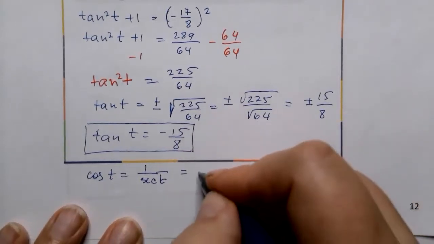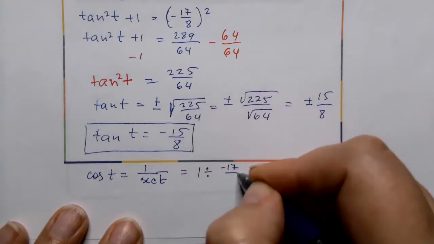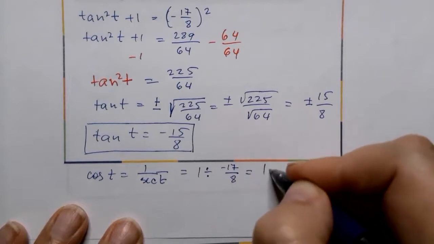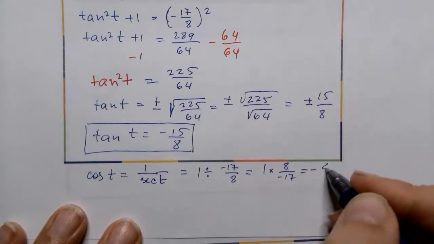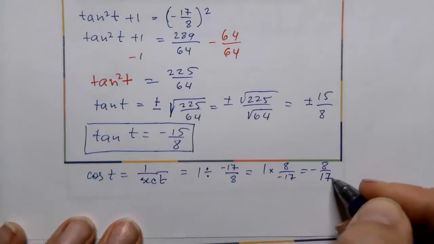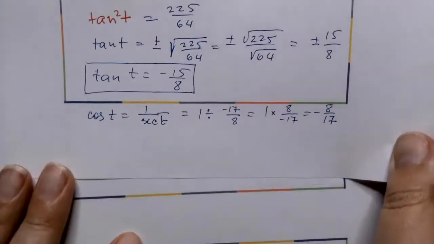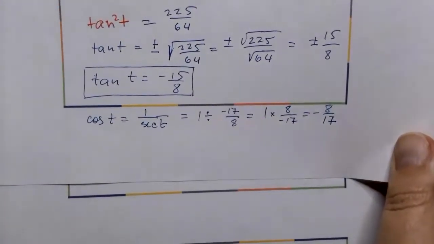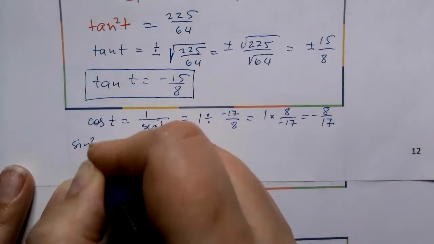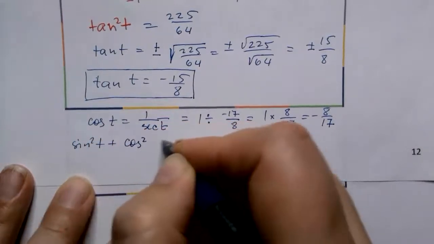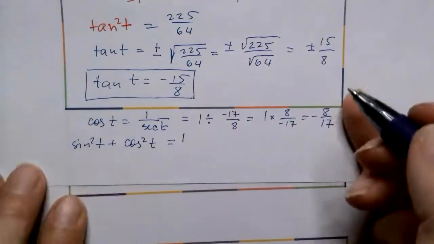So cosine t is 1 divided by negative 17 over 8. Okay, so I know my cosine. Now I can use the Pythagorean identity to find the sine, because sine squared t plus cosine squared t is 1.